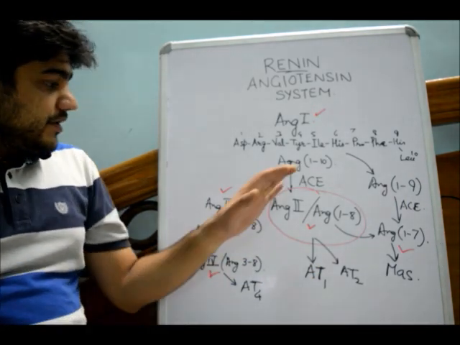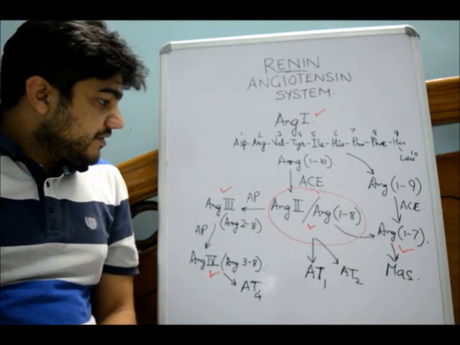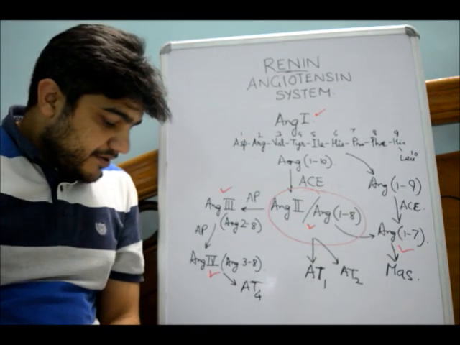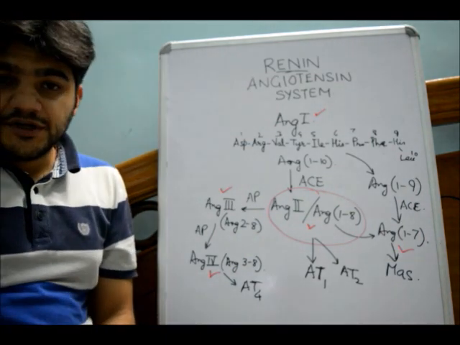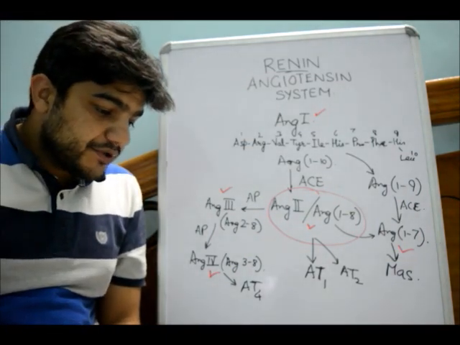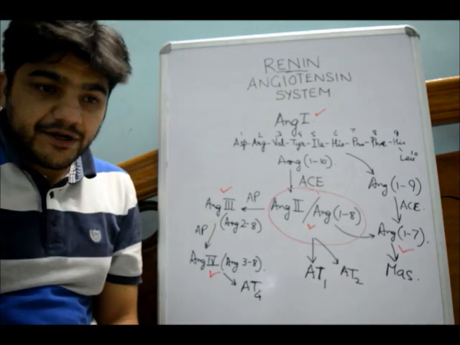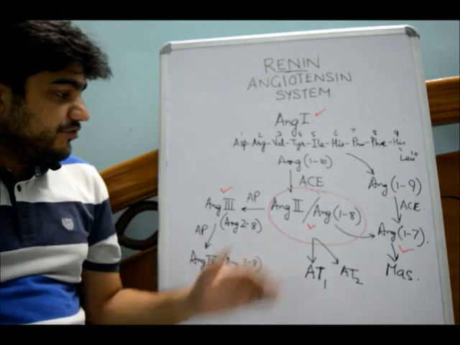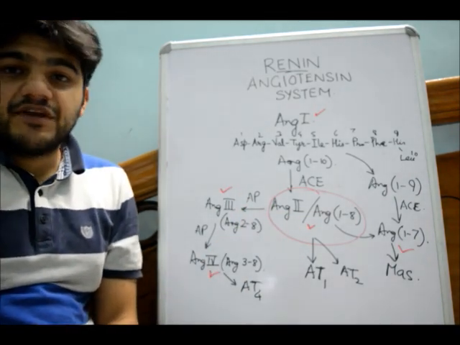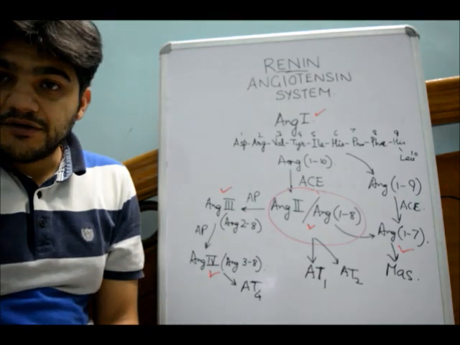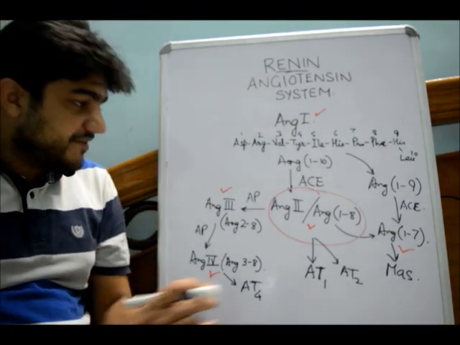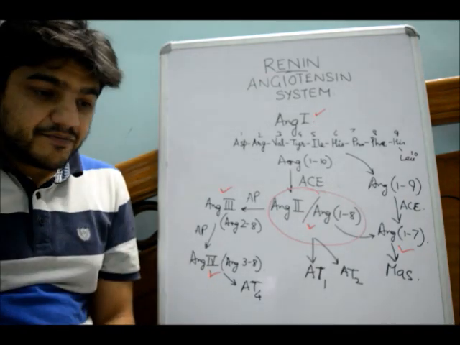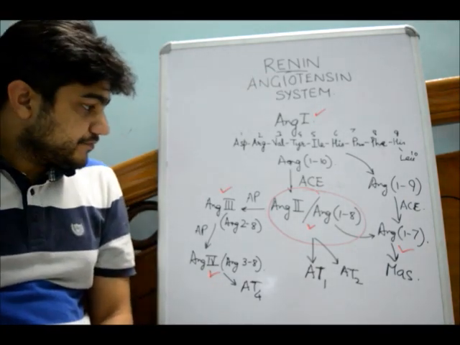Now what is the function of this system? The function is to regulate the blood pressure and to regulate the electrolyte balance. Now how does it do it? One important thing is angiotensin 2 by itself is a very potent vasoconstrictor. It causes vasoconstriction of the vessels inside the body, and when it causes vasoconstriction, obviously it increases the blood pressure.